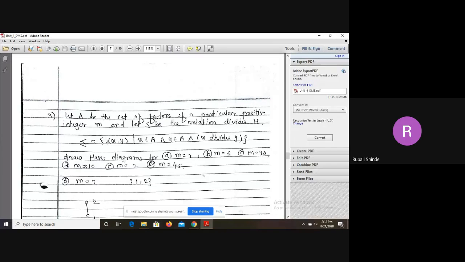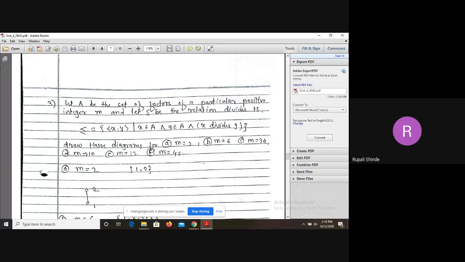It is the set of ordered pairs x comma y such that x belongs to A and y belongs to A and x divides y. Means those two elements x and y should belong to A and x divides y. This condition should be satisfied, then only we can draw a Hasse diagram.